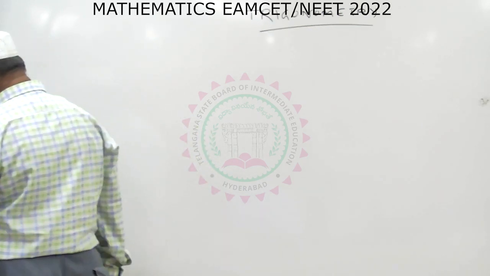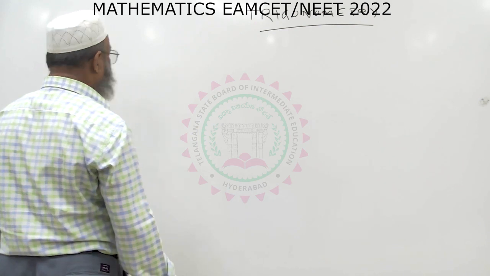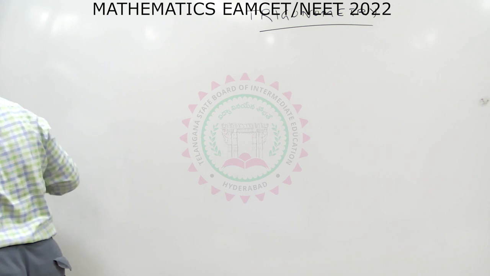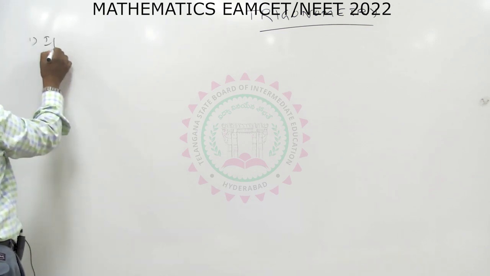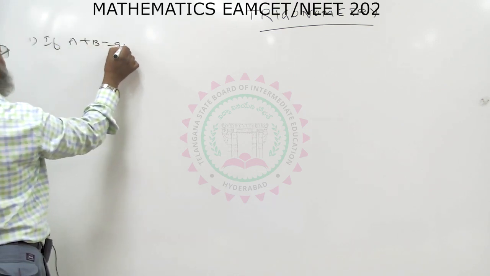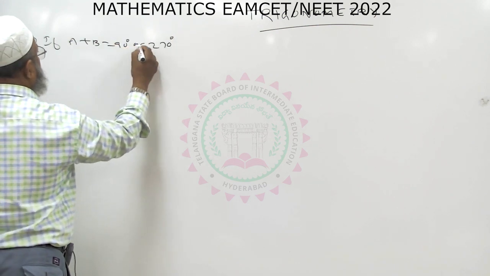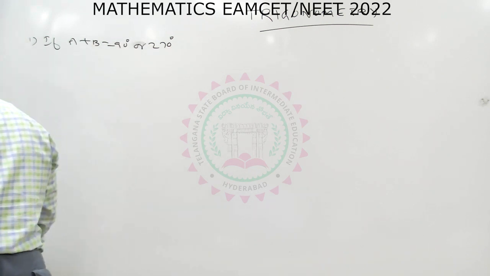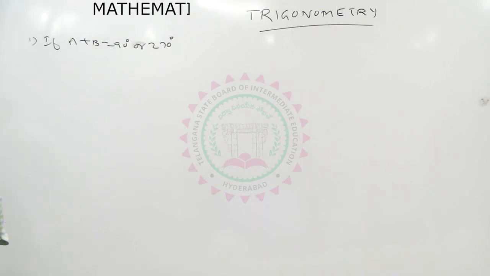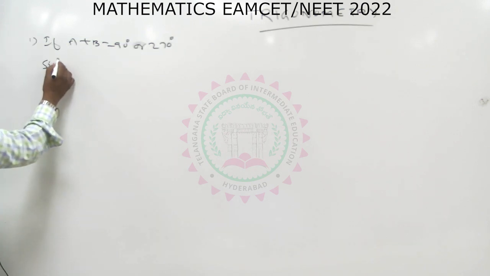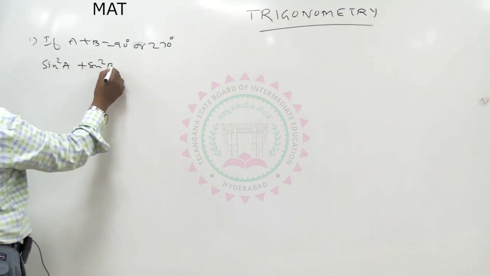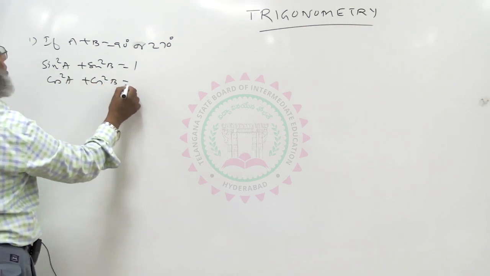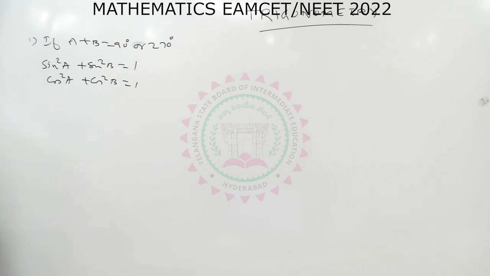For example, you know that the first formula is: if A plus B is equal to 90 degree or 270 degree, then sin square A plus sin square B is equal to 1. Cos square A plus cos square B is equal to 1.